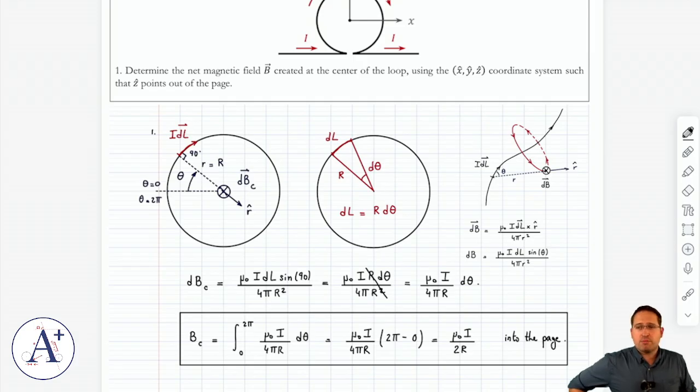Biot-Savart is more complicated, but it works all the time. So the price you pay is that, okay, it works all the time. Maybe you get a nasty integral at the end. Although typically the ones that we do when we do cover it are very limited, just like the ring of current like this. It's pretty straightforward to compute it.